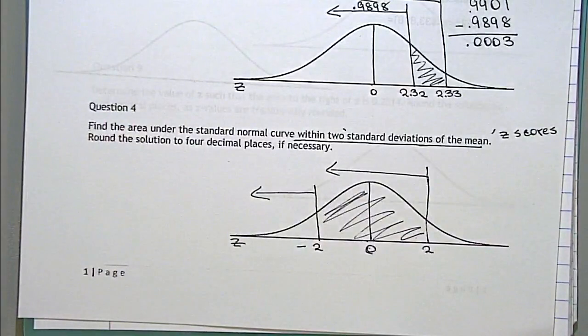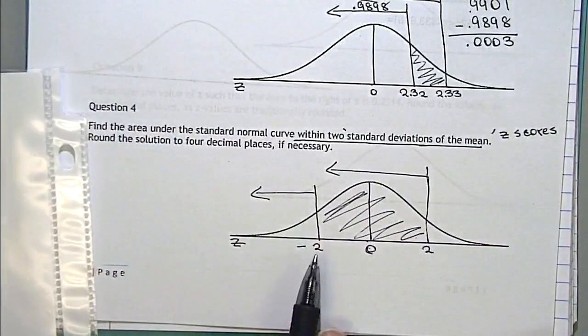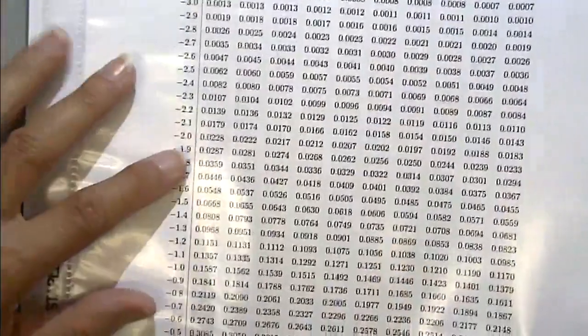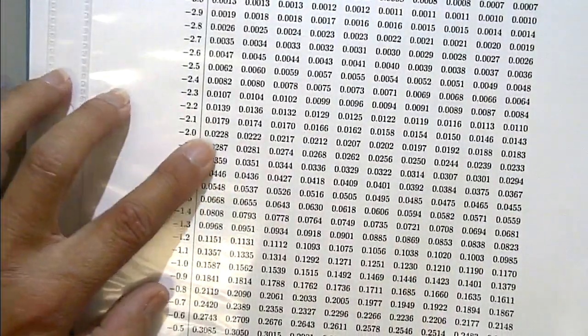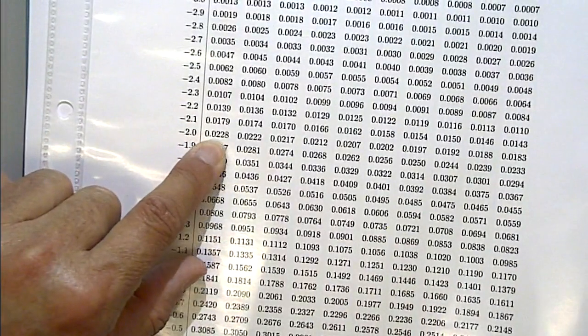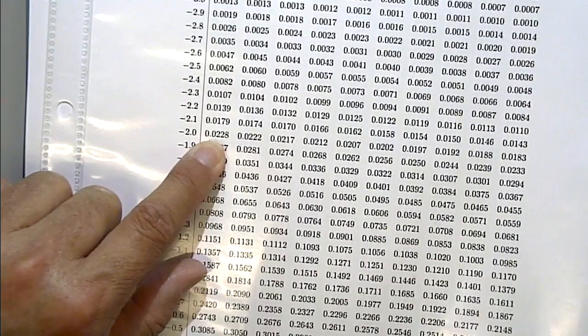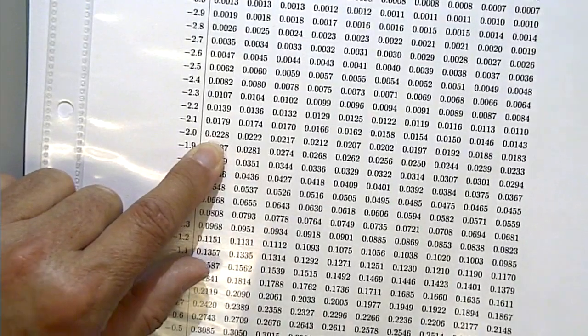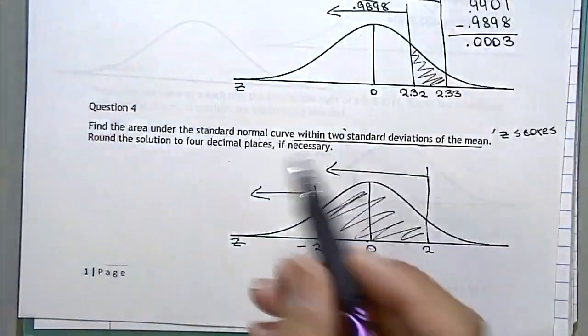Well, how do I find 2 standard deviations from the mean? This one is a -2. I go to the negative side of my z-table, and I look for -2.0, and the first column is 0, so that's it, right? -2.00 is -2, and I get 0.0228. Yeah, that's this area.